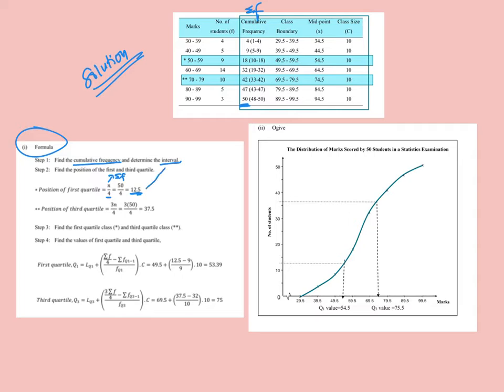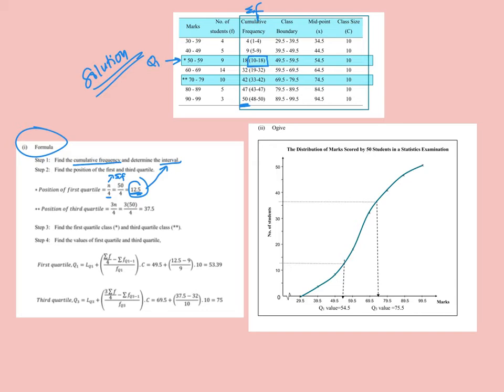Then you need to refer to the intervals and see which class contains the value 12.5. Based on this, the highlighted class is the class for quartile 1. Step number 3, find the first quartile class.